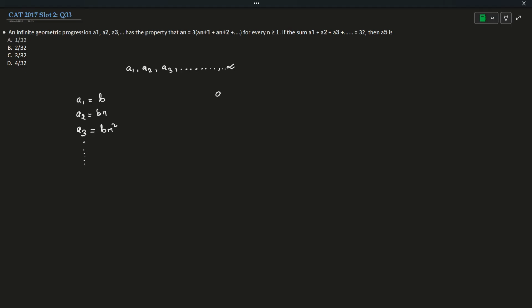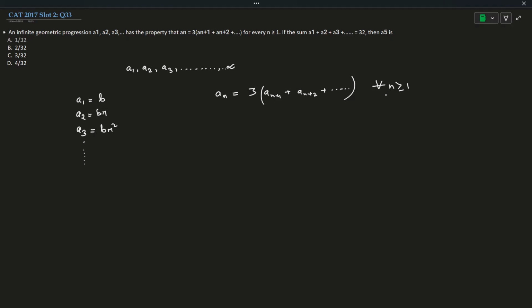The property that this progression follows is an is equal to 3 times an plus 1 plus an plus 2 plus dot dot dot, and this is for all n greater than equal to 1. n is basically your natural number.